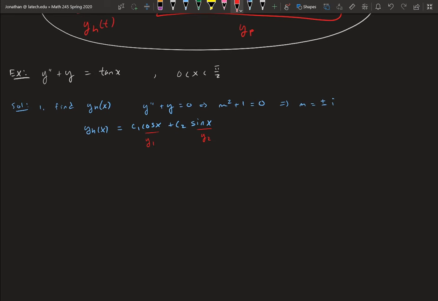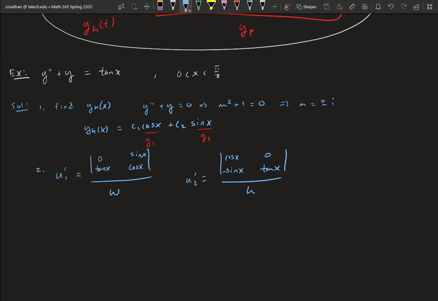Step 2, set up the determinants. U1 prime equals 0, tan, sine x, cosine x over the Wronskian, and U2 prime equals cosine, negative sine, 0, tan over the Wronskian.